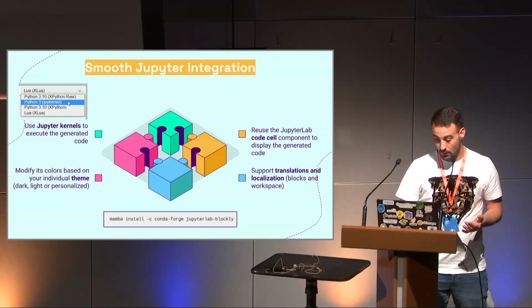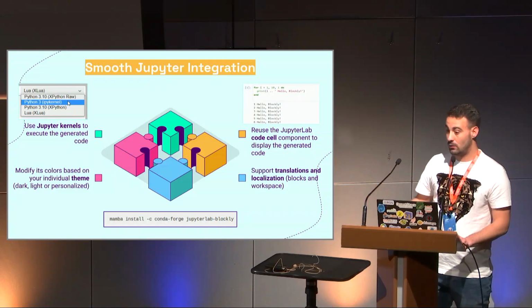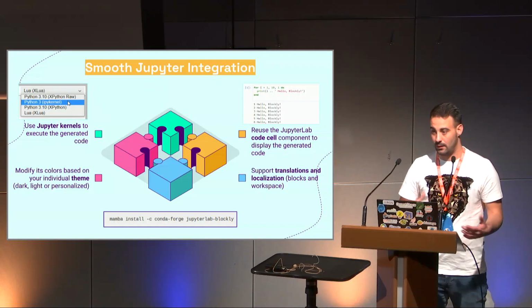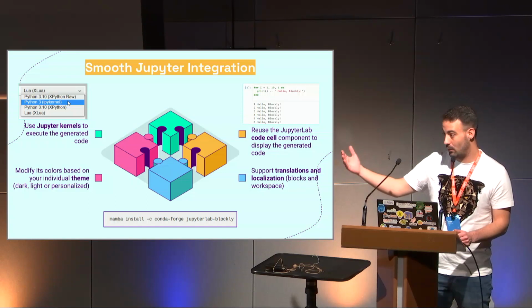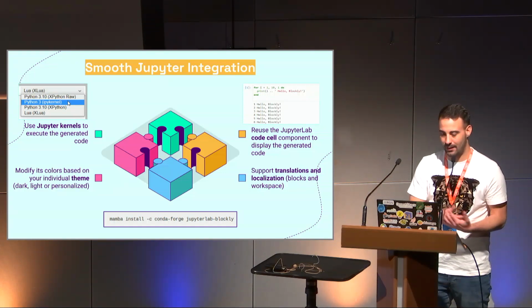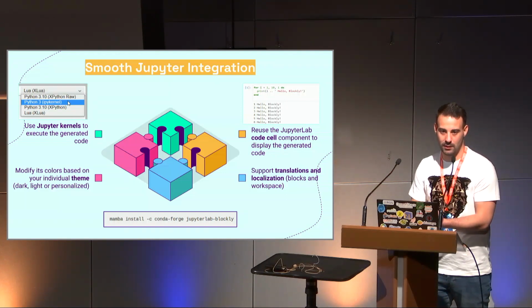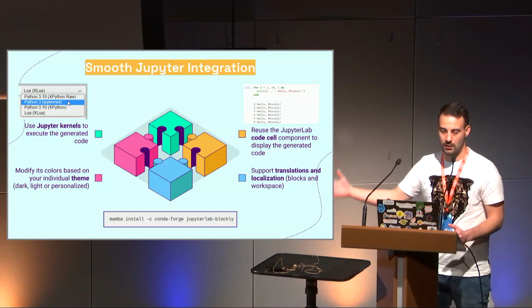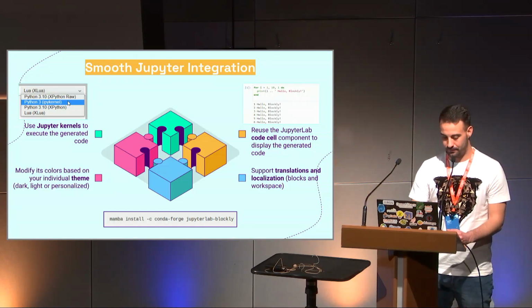On the other side, we can reuse components from JupyterLab, for example the code shell, to implement the extension faster and see the code. We don't have to implement the whole kernel protocol. The code shell already implements the execute method that we can use to execute that code and receive the output.